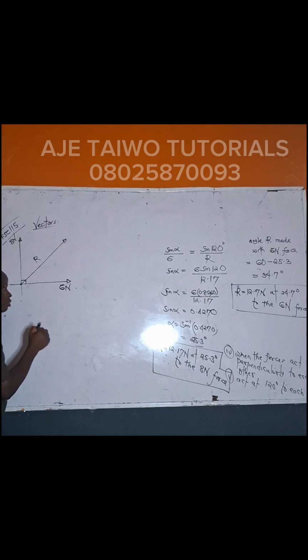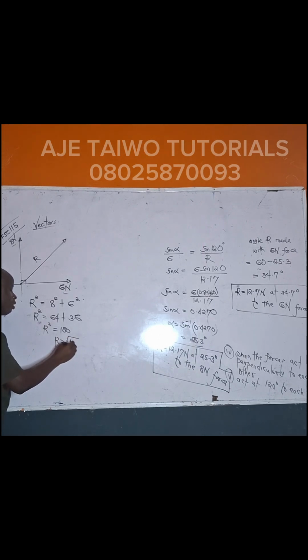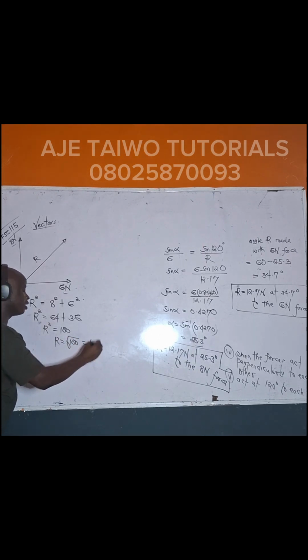Your resultant is just R squared equals 8 squared plus 6 squared. So R squared is 64 plus 36, and that's 100. R is the square root of 100. That's 10 newtons.